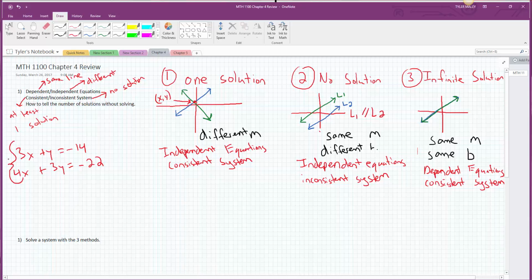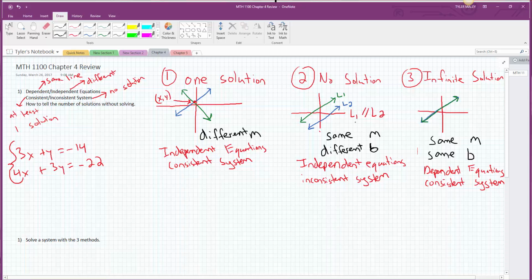If this is my system of equations, the way to tell what category they fit in is we need to use what's in black. It looks like I accidentally erased this. Different b values. So we need to first look at their slopes. Are they different slopes or are they the same slope?